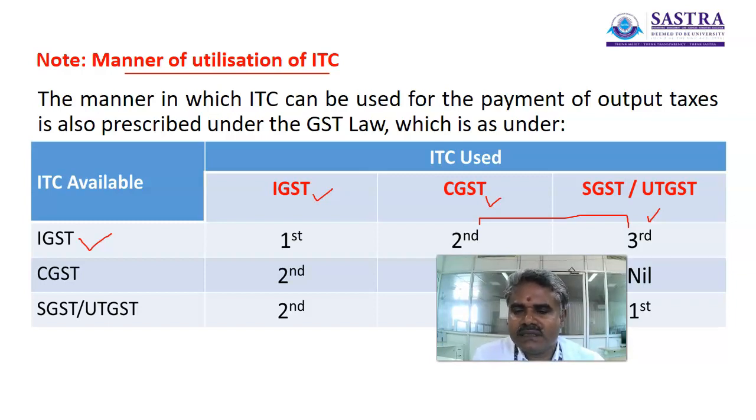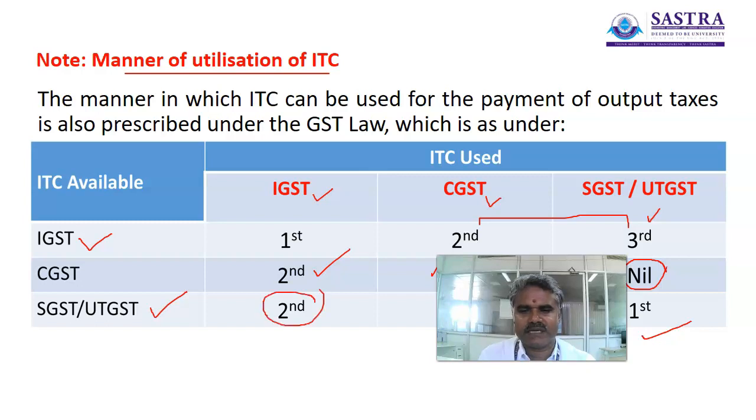When you have ITC in CGST, first you adjust CGST, and any balance available will be adjusted against output tax of IGST, not against output tax of SGST. So the surplus of CGST cannot be used for the adjustment of SGST or UTGST. And when you have ITC in SGST and UTGST, first you have to adjust SGST, UTGST against output tax liability.